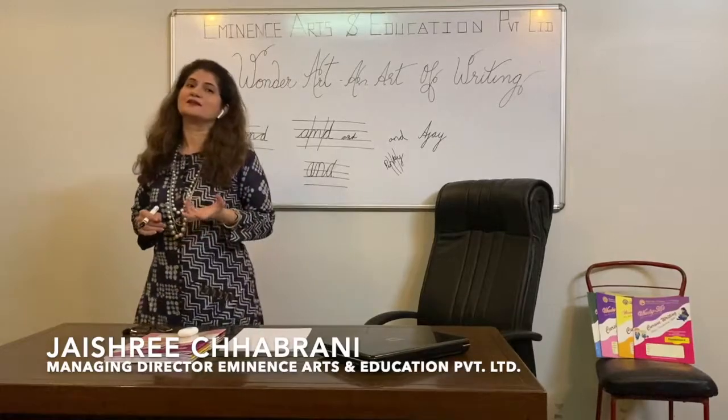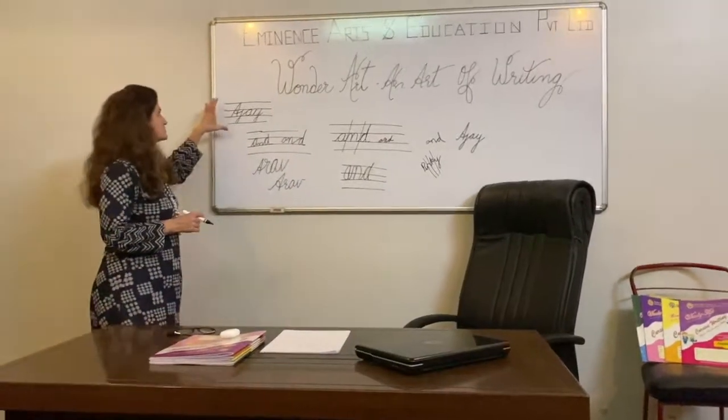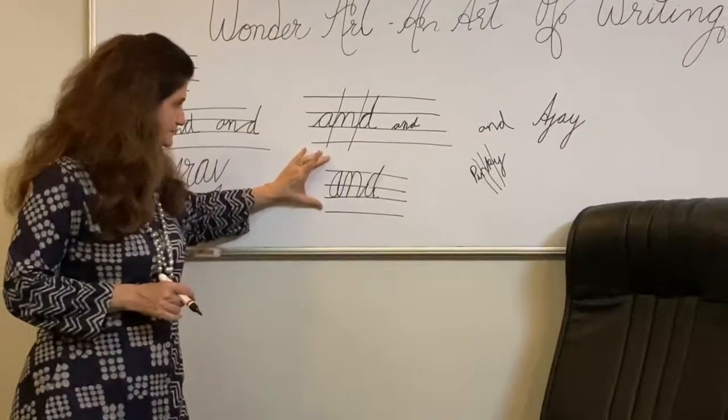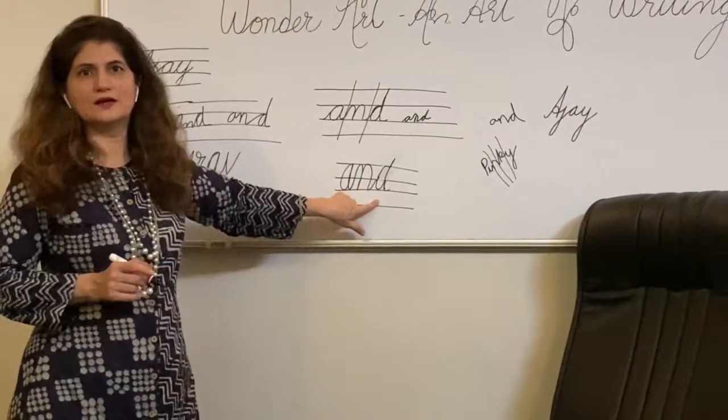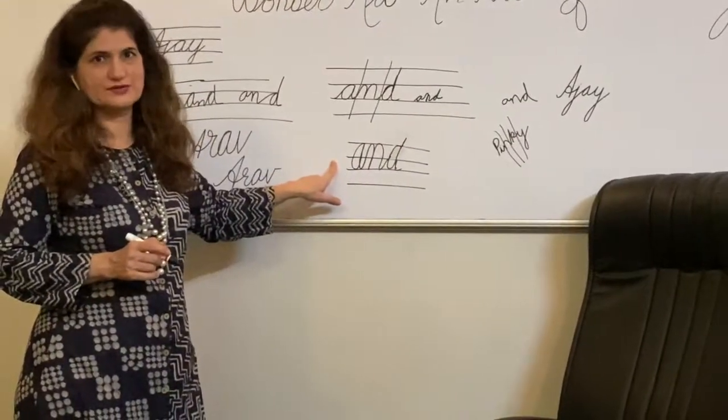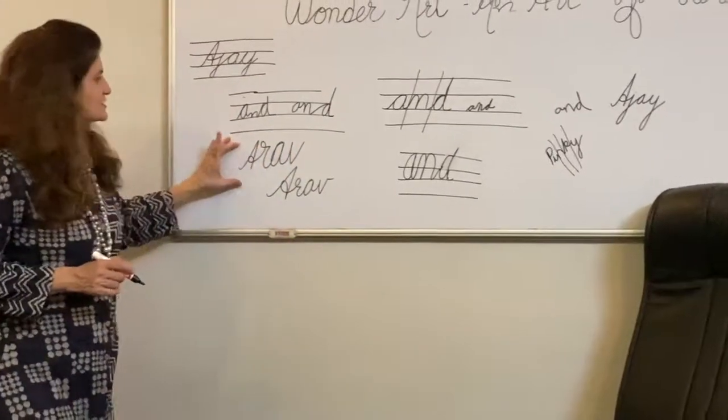This gives them an understanding of the zones, which is very, very important. Now, if you see this particular sample, A, N, and D, the child definitely doesn't have an understanding of the zones.